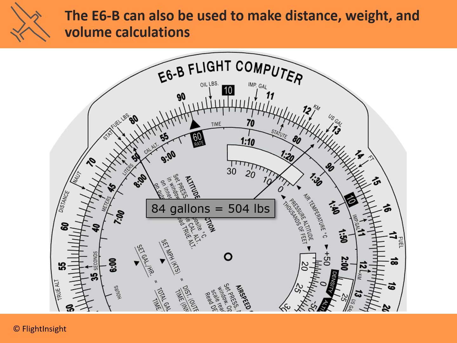And I could do the same thing for something like volume and weight. So if I know I'm taking 84 gallons, I'll put that 84 on the US gallons arrow over there on the right. You see that? And then if I read all the way on the left where the fuel pounds intersects the inner scale, I can say that the weight of that 84 gallons is going to be 504 pounds.